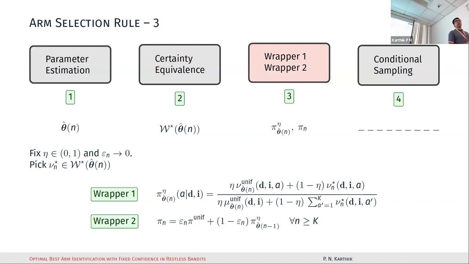It's a joint distribution on DIA. From this, you should generate a policy, which is a conditional distribution of A given DI. Very simple. You just do nu n star of DIA and then you sum it up across A.